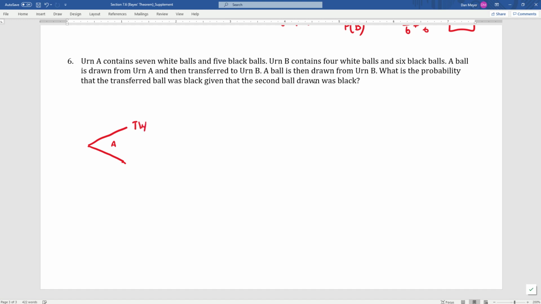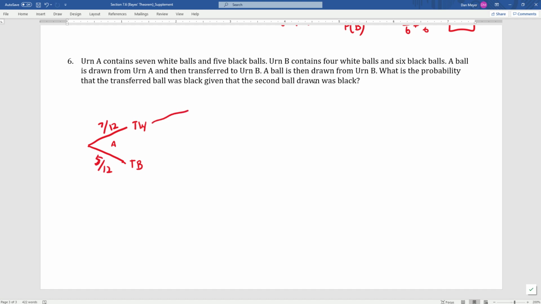We transfer a white ball or we transfer a black ball. Looking at the balls in urn A, there's 7 white and 5 black, so the probability that I pull a white ball to transfer is 7 out of 12, and the probability that we pull a black ball to transfer is 5 out of 12.